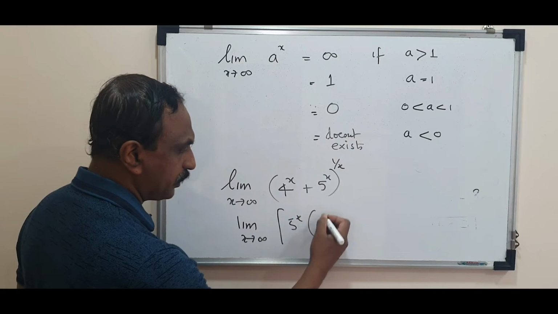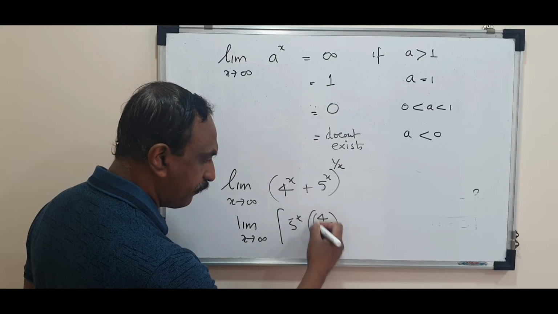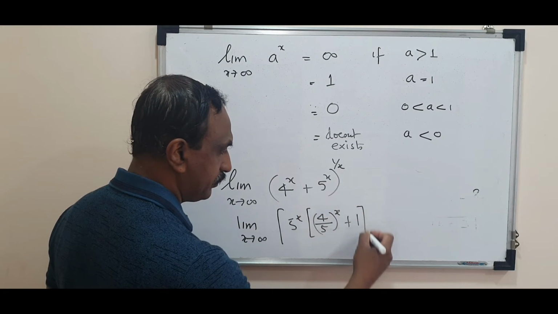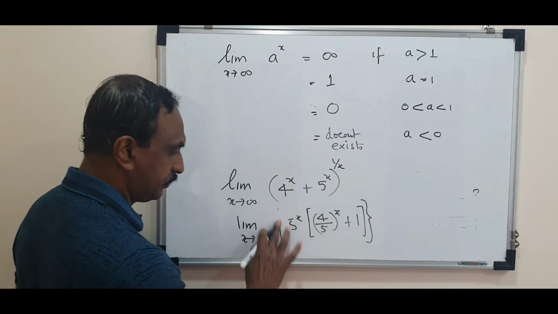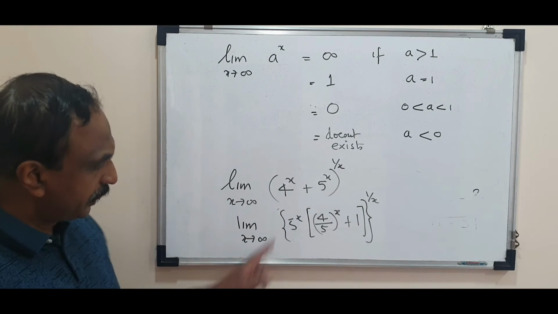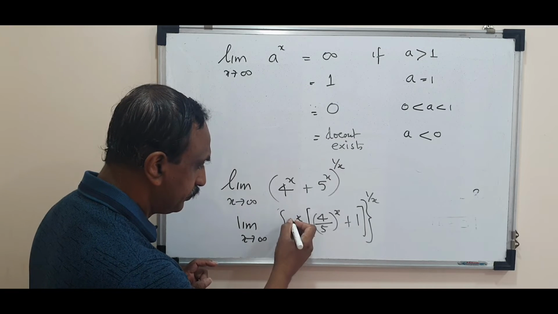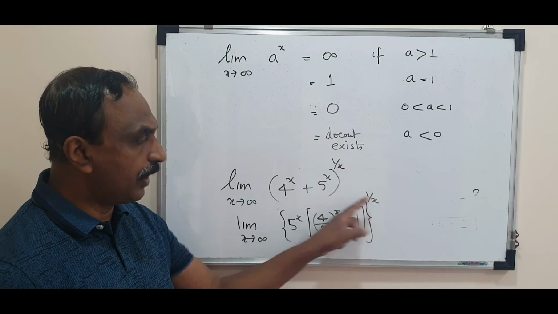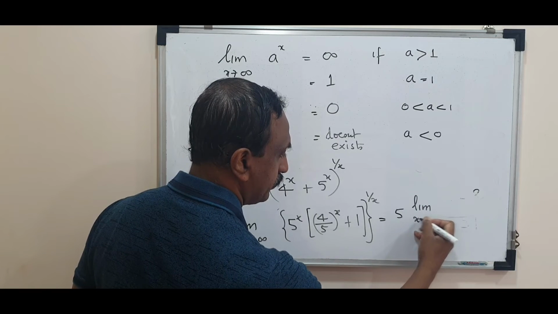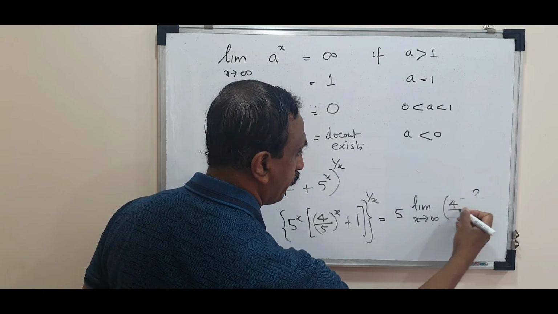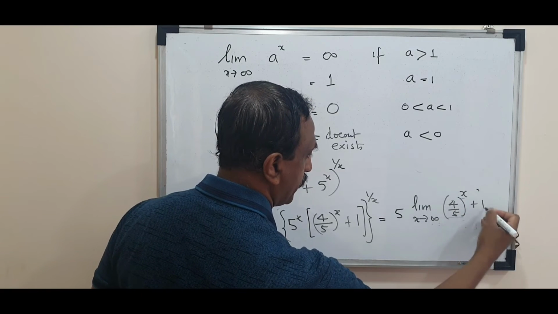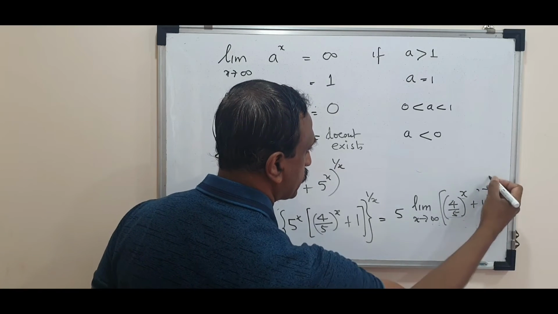Taking 5 raised to x common, this becomes 4 by 5 raised to x plus 1. Now 5 raised to x raised to 1 by x will become 5, and this becomes 4 by 5 raised to x plus 1, raised to 1 by x.